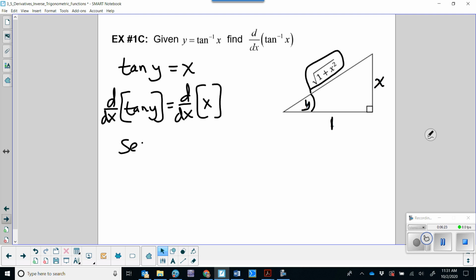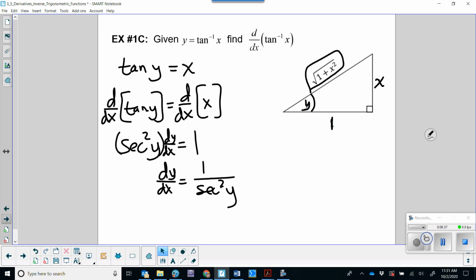Derivative of tangent y, secant squared y, but again, it's not x, so times dy dx equals 1. So dy dx equals 1 over secant squared of y. Well, secant squared of y would be the same thing as 1 over cosine squared of y, because that's how they relate.